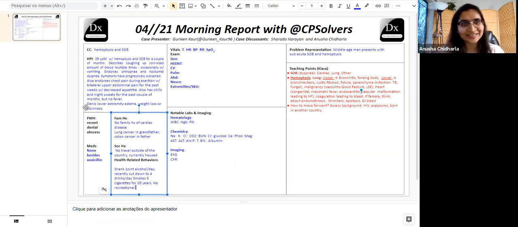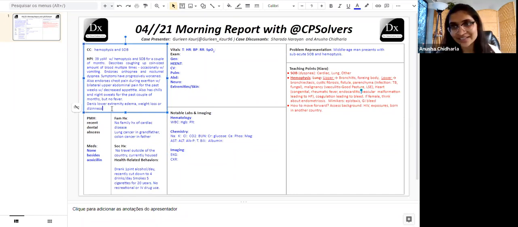So there is a lot of information. I can go line by line and dissect it. So there is chest pain with exertion and bilateral upper abdominal pain for the past weeks and decreased appetite. So chest pain makes us think maybe it's something related to the chest. And in the chest, we have the cardiac source.